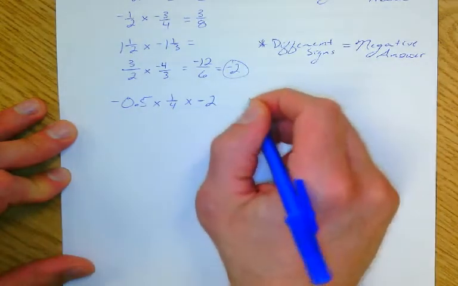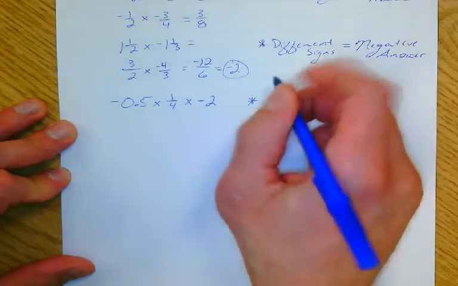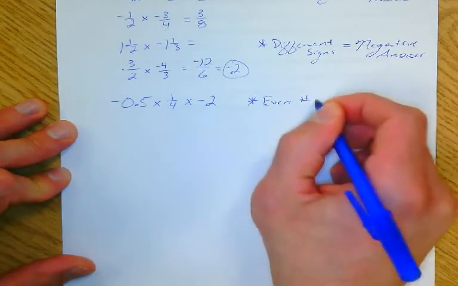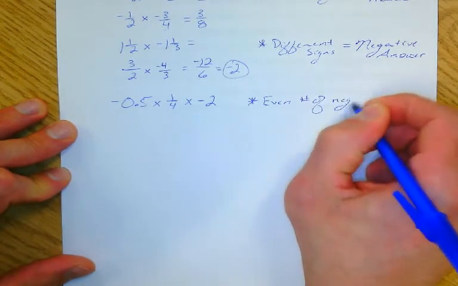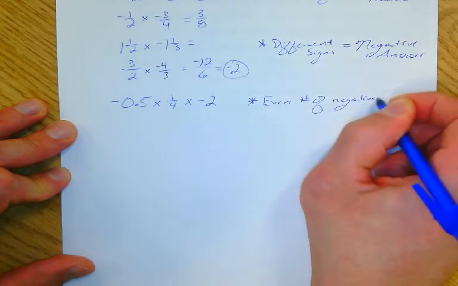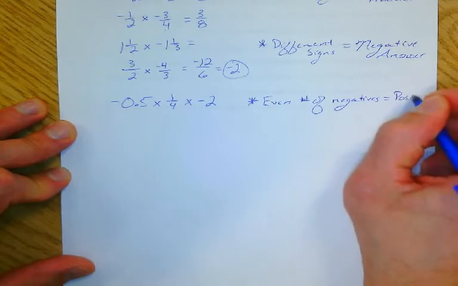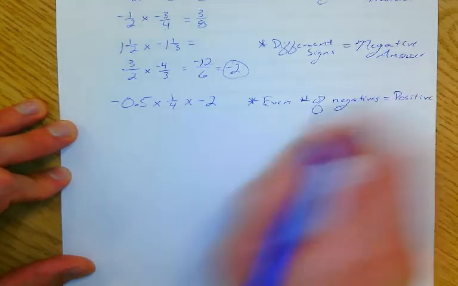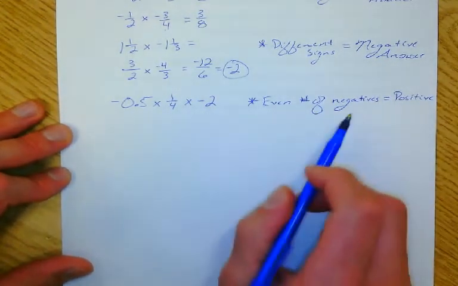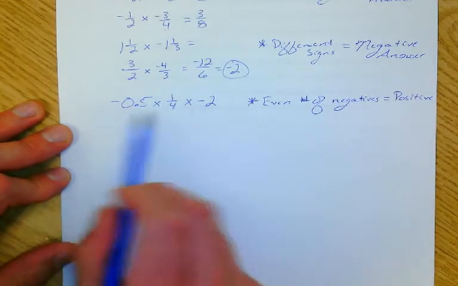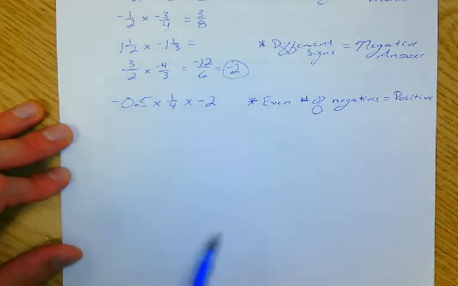That leads us to our other observation that we made earlier in the year: if we have an even number of negatives, it will give us a positive product. So if we have an even number of negative factors, our answer will be positive. Here we've got two negative factors, so I know the answer is going to be positive.